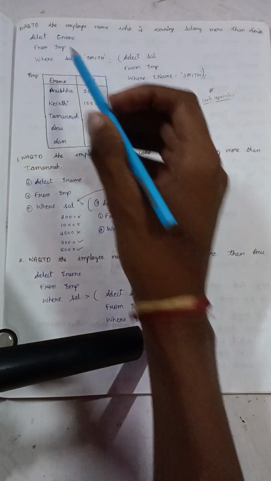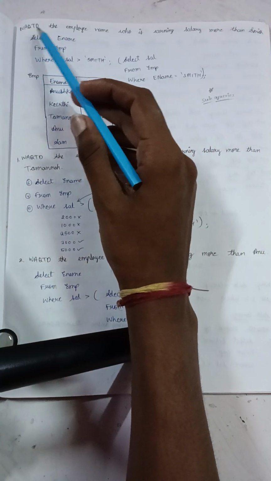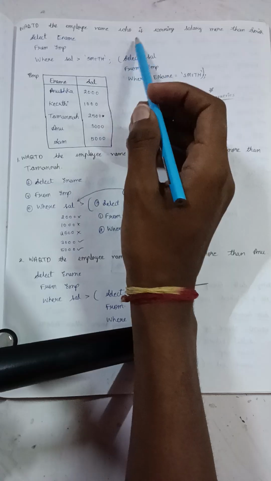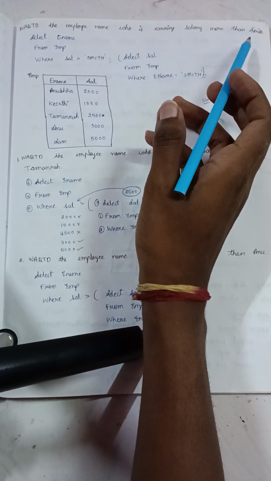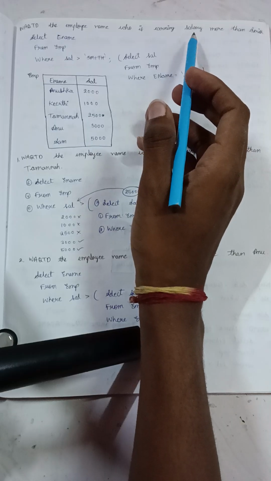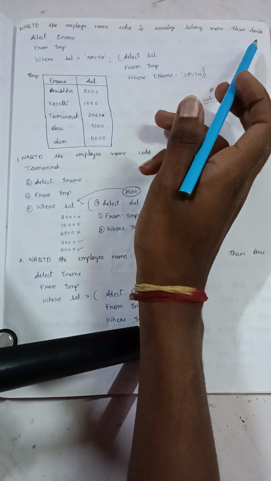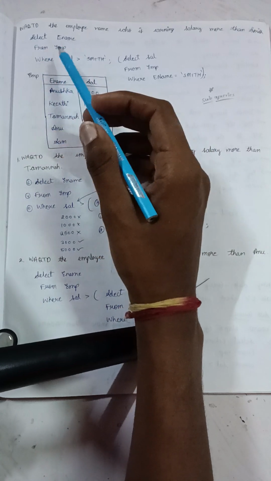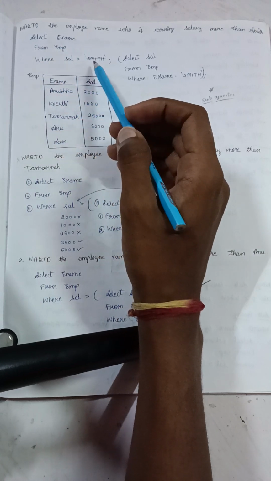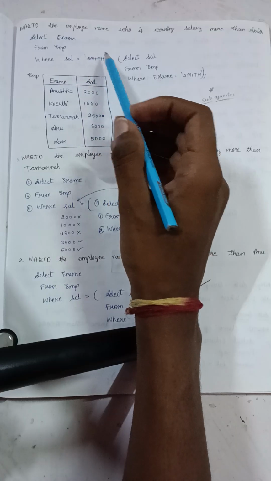Suppose we want to write a query to display the employee name who is earning salary more than Smith. So we can write the query: select ename from EMP where salary greater than Smith.